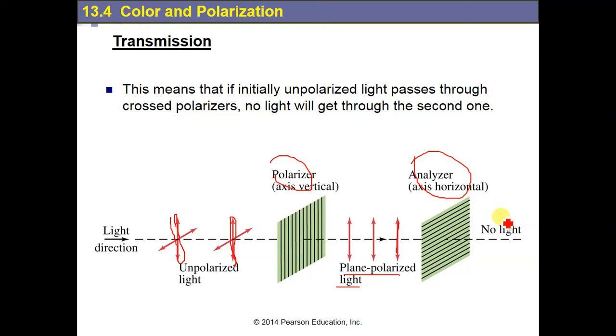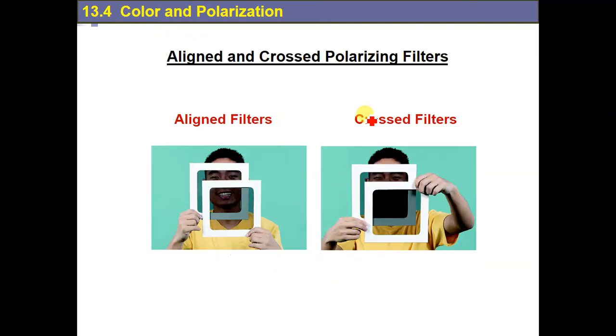So light here is totally blocked. If we want to block light, we use two polarizers with their transmission axes perpendicular to each other. This means that if initially unpolarized light passes through crossed polarizers, what does crossed mean? Their transmission axes are perpendicular. No light will get through the second one.